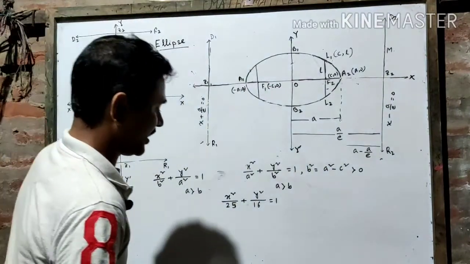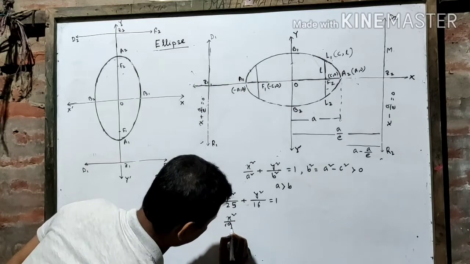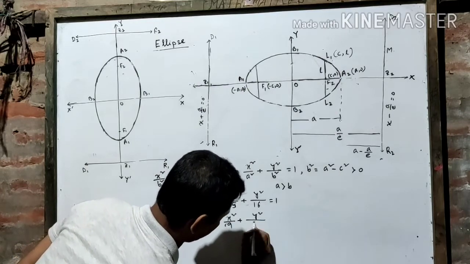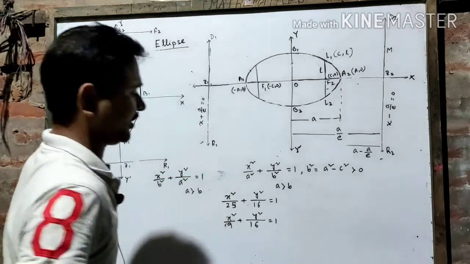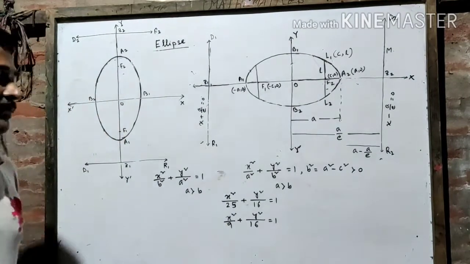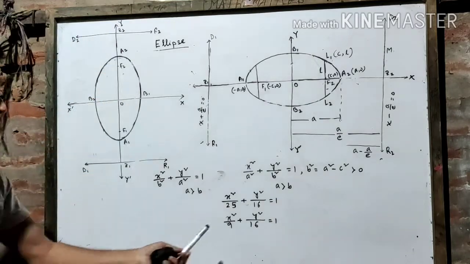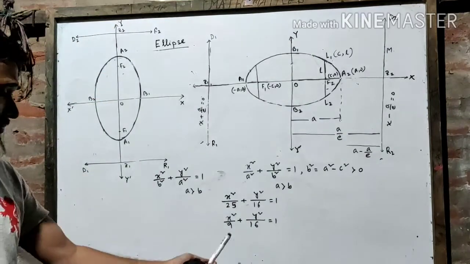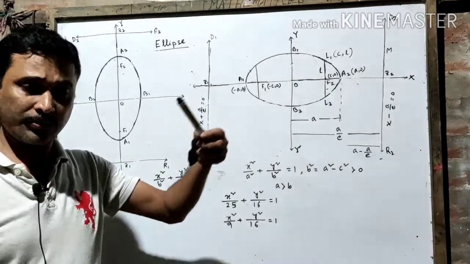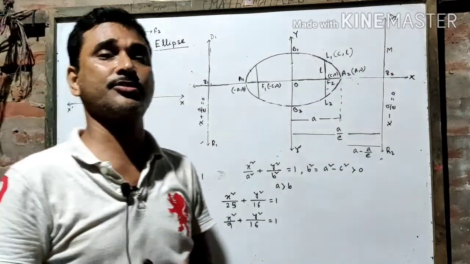Instead, if the equation becomes x square by 9 plus y square by 16 is equal to 1, then it will be of this type, because y square has the greater denominator. So it will be stretched along y axis and the major axis will be y axis.